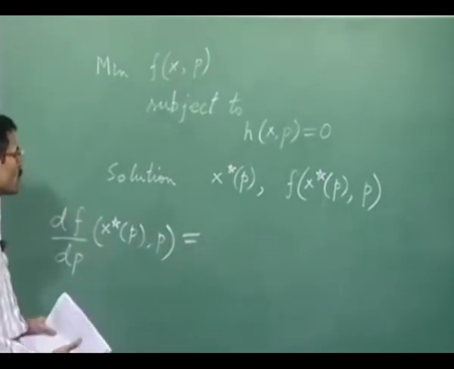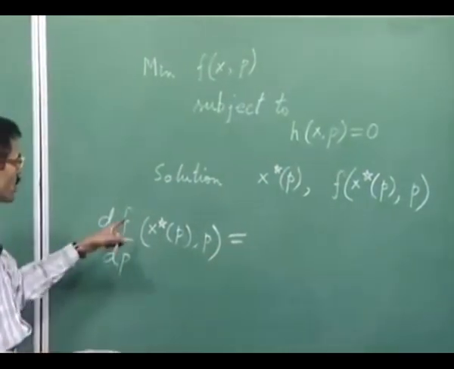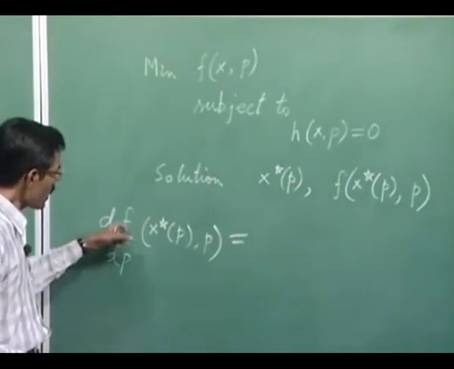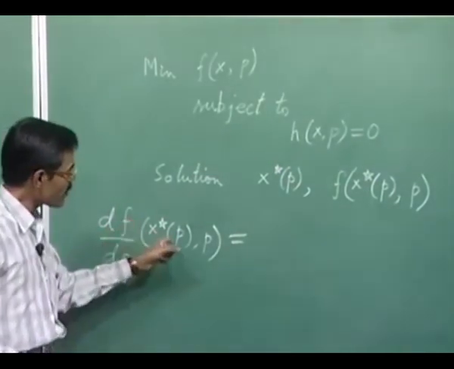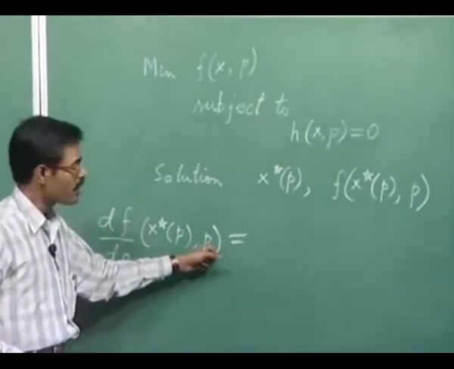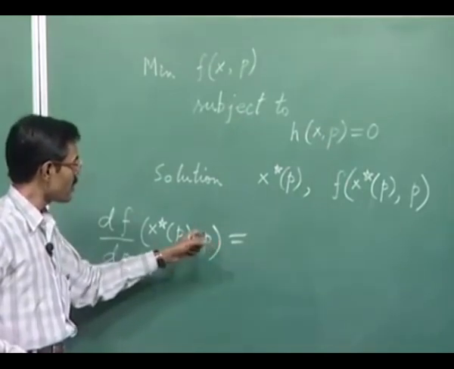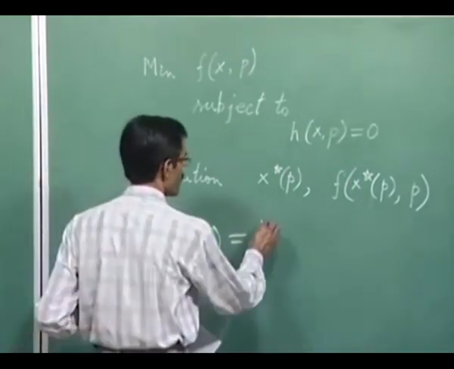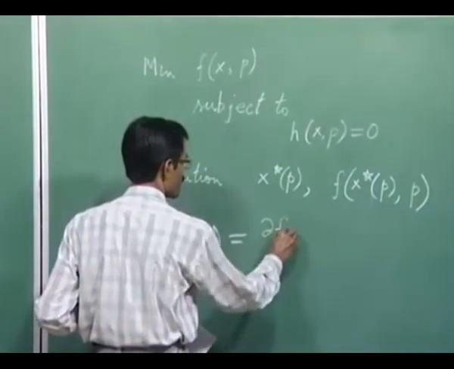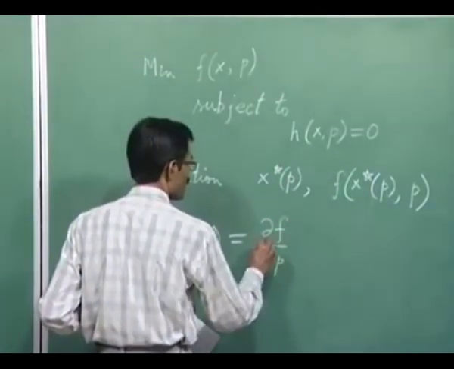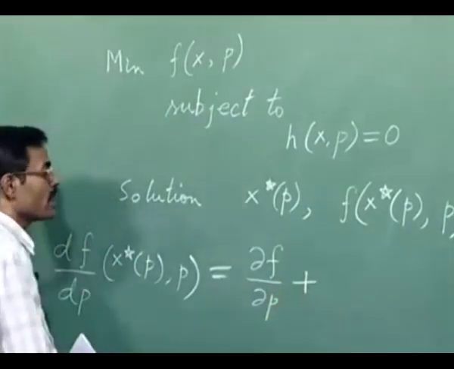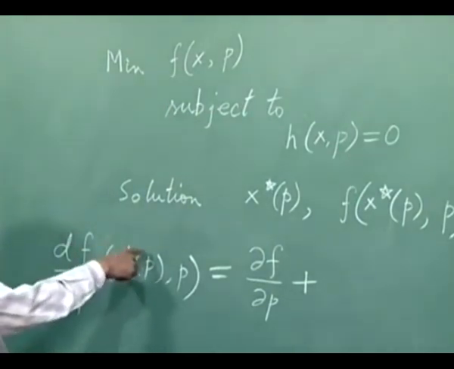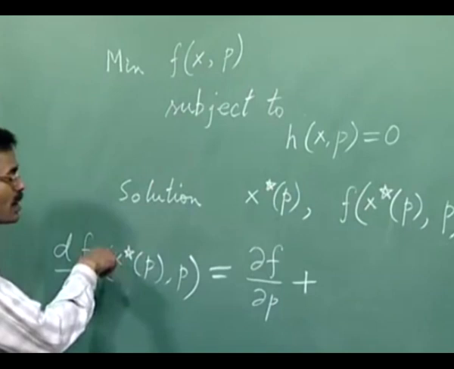You know how to find the total derivatives of this kind of functions. F will depend on p in two ways, one directly and the other through x star p. So, the total derivative would be this partial derivative plus the derivative reflecting the dependence through x star, dependence on p through x star.